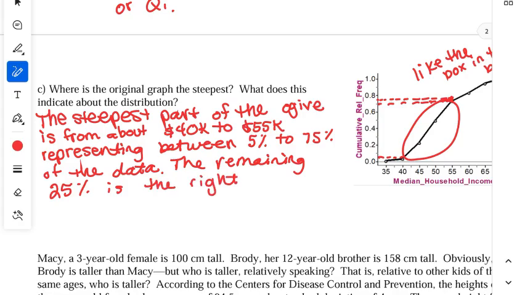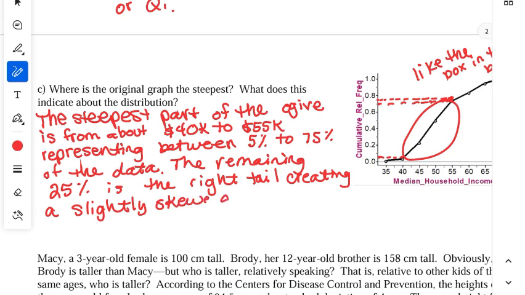The remaining 25% is to the right tail, creating a slightly skewed graph. So it'd be the tail on the right, so it'd be slightly skewed right graph.